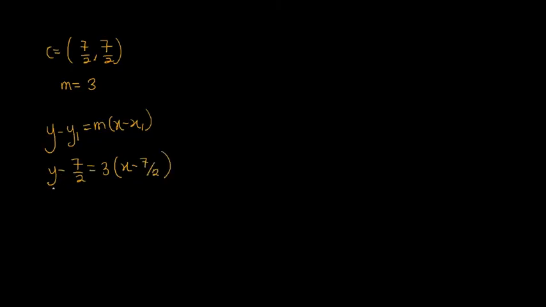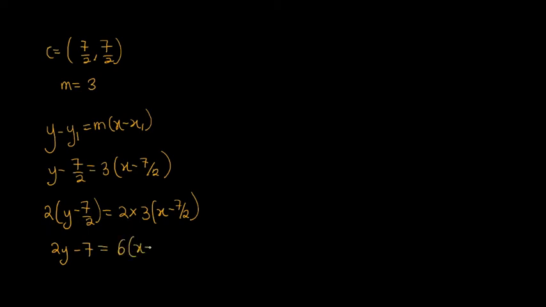Alright, so from here I multiply through by 2, so I have 2 multiplied by y minus 7 on 2 is equal to 2 multiplied by 3 into bracket x minus 7 on 2. So from there I have 2y minus, this will cancel this, so I have 7 here, is equal to, this becomes 6 multiplied by x minus 7 on 2.